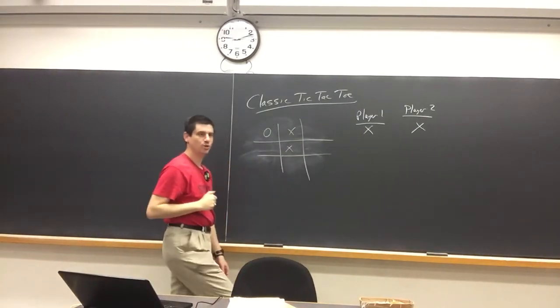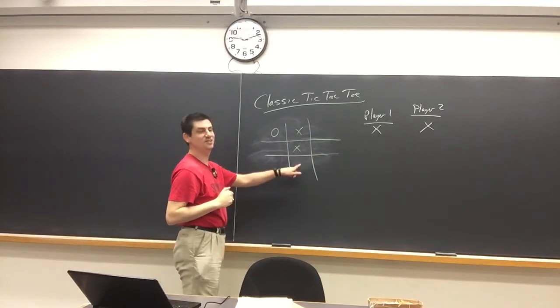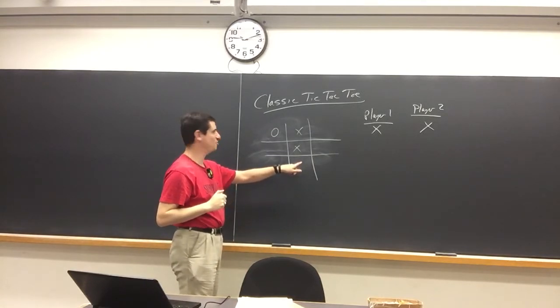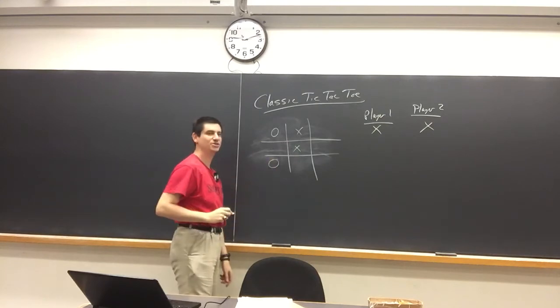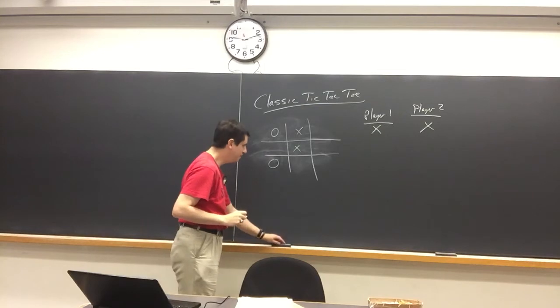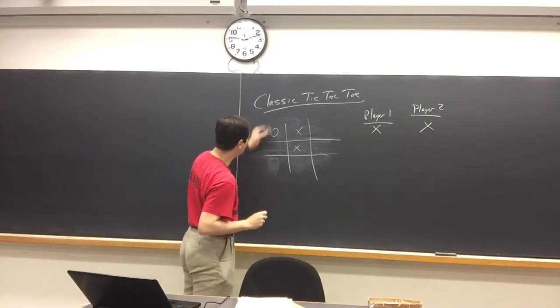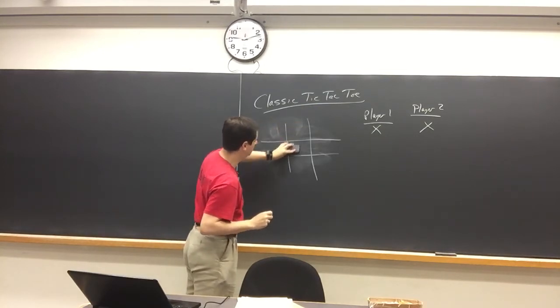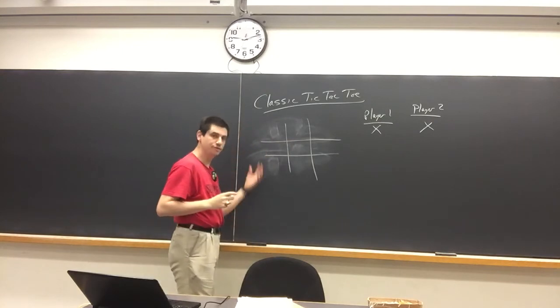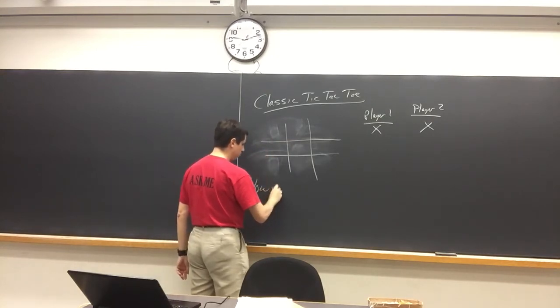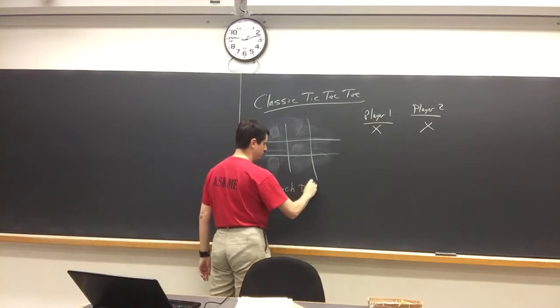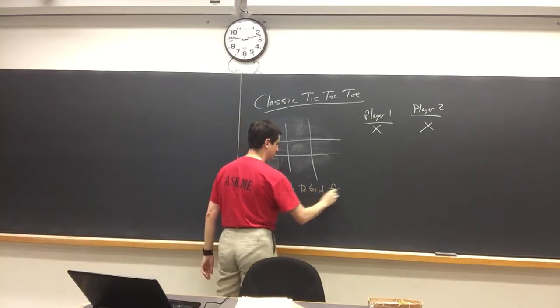Swarthmore won, and Swarthmore is an O. And then, strangely, the best move for Swarthmore is not to block us, but for Swarthmore to go here because they know that they're going to get the next move as well. And so the actual move of the game can be different than a normal game of tic-tac-toe. So the first question we want to ask is, how much to bid for the first move?